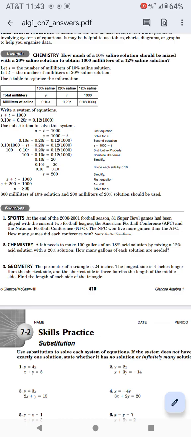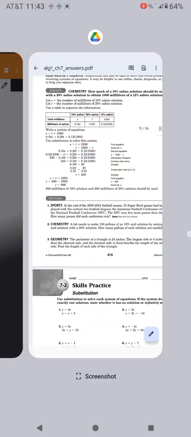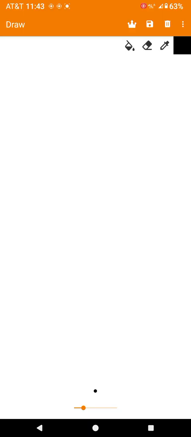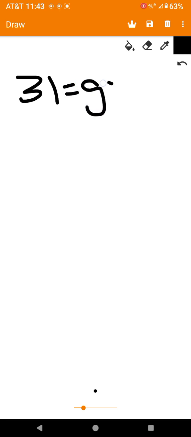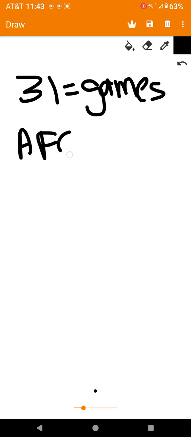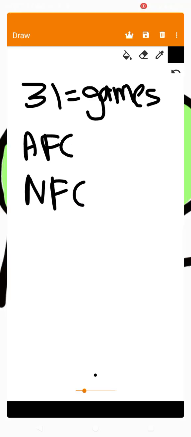How many games did each conference win? So we can still pull out our elements. We know we have 31 Super Bowl games in total, and we have the AFC and the NFC.